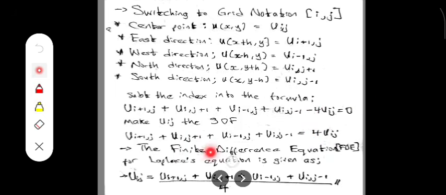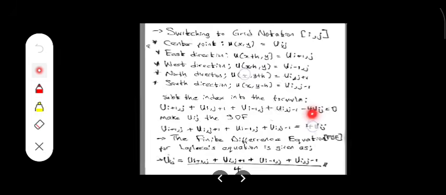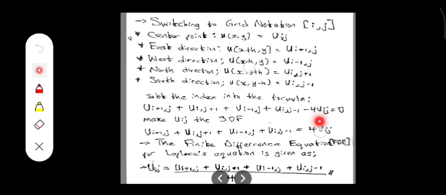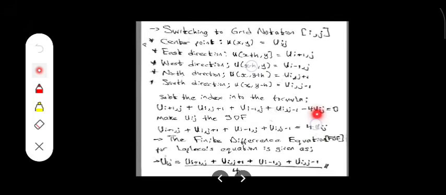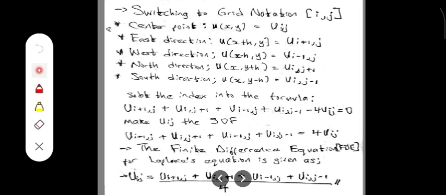Now the finite difference equation for the Laplace equation can be given as the center point uij equals u of i plus 1 comma j plus u of i comma j plus 1 plus u of i minus 1 comma j plus u of i comma j minus 1, all divided by 4. And this is the standard formula, called the finite difference equation, and you can observe the pattern in it.